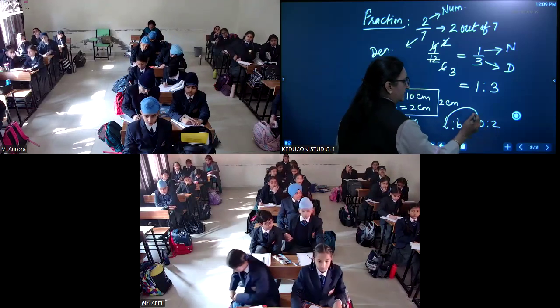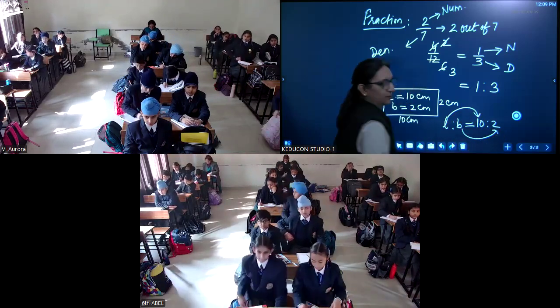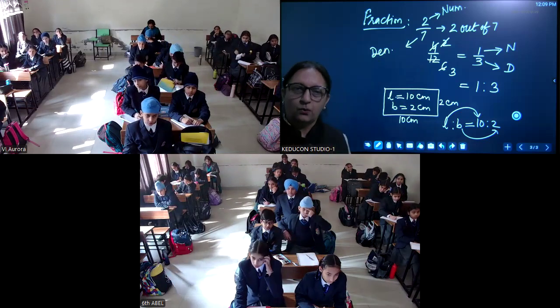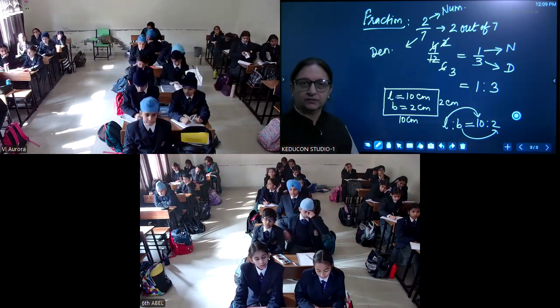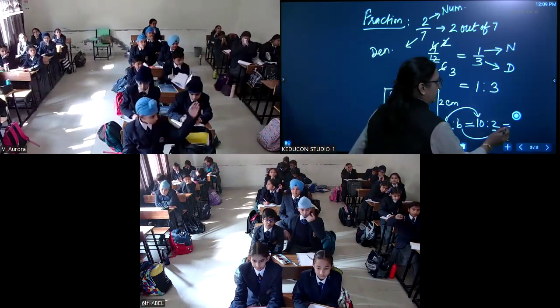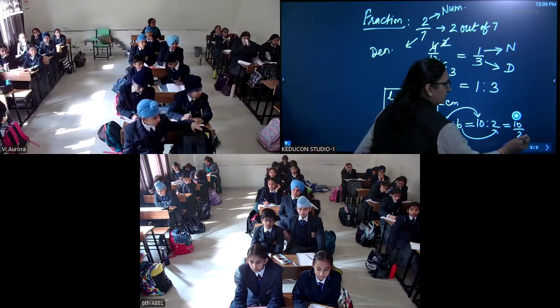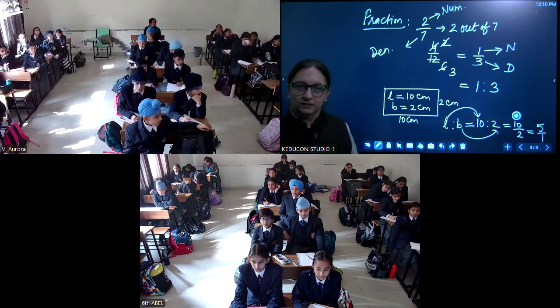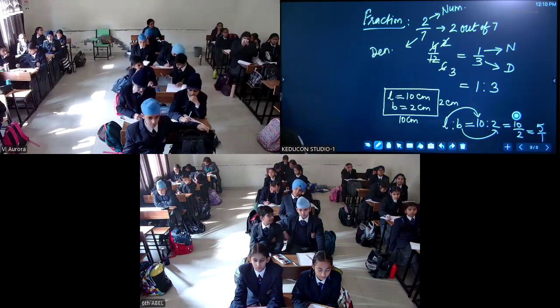This is L's value and this is B's value. Right? So what would be the answer of it? What will be the ratio of length and breadth? That will be 10 upon 2, which is equal to 5 upon 1. This will be the relation between length and breadth.